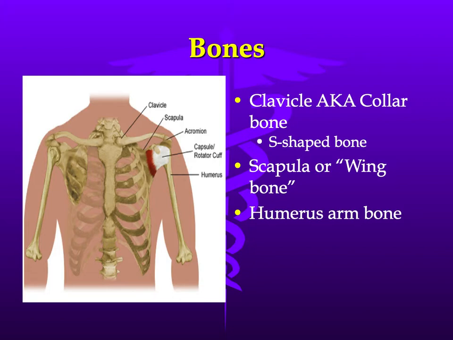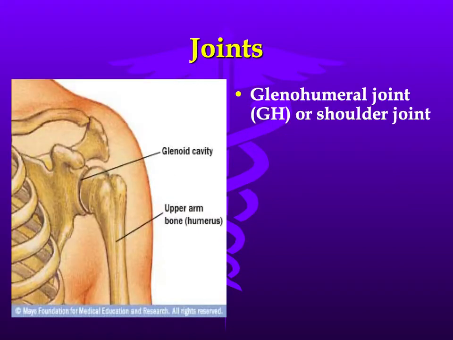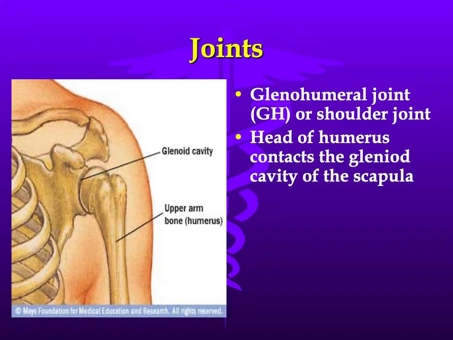Now we're going to talk about joints. Our shoulder joint is called the glenohumeral joint. It is where the head of the humerus contacts the glenoid cavity of the scapula.